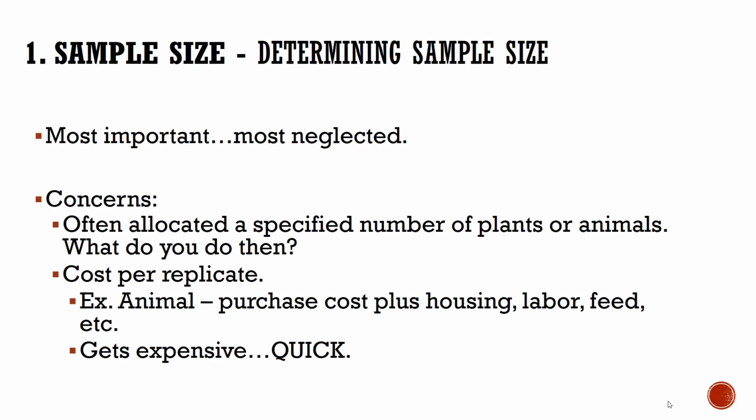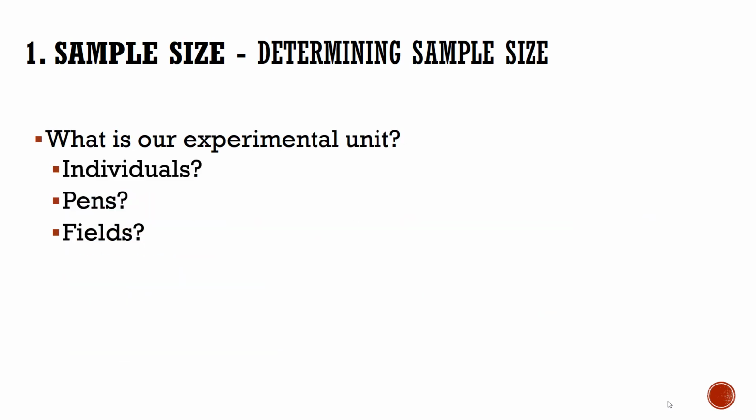So it's important that you make sure that you have the least amount of experimental units possible to help keep your costs down, but enough experimental units to actually be able to detect a difference if there is one there to detect. When we think about what our experimental unit is, having clarity around this issue is really important.